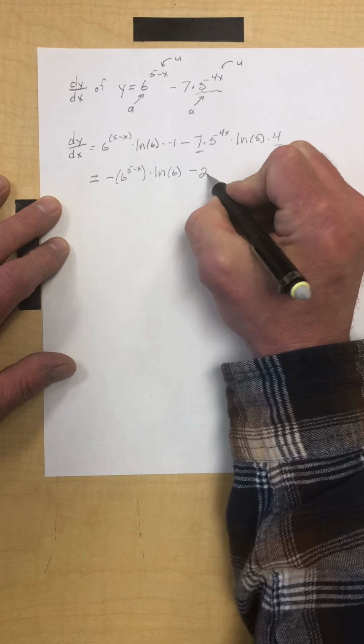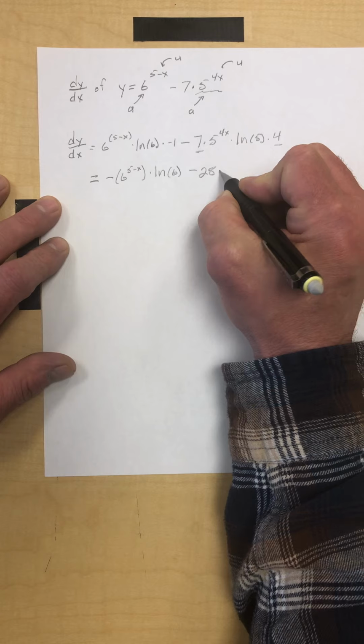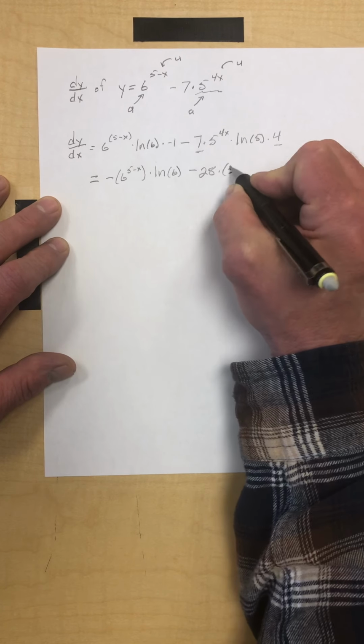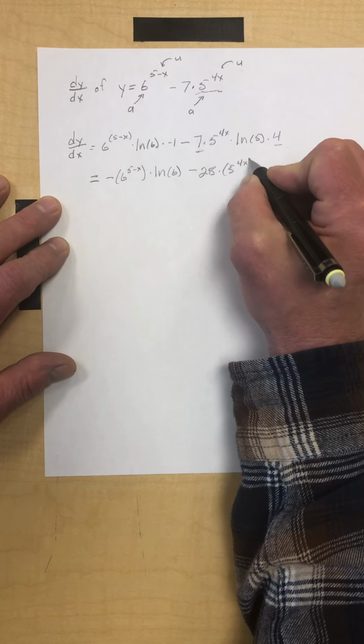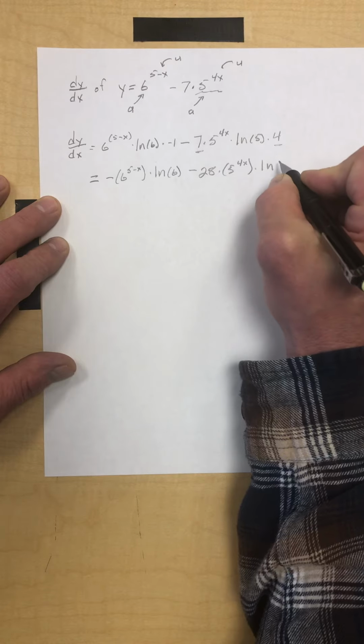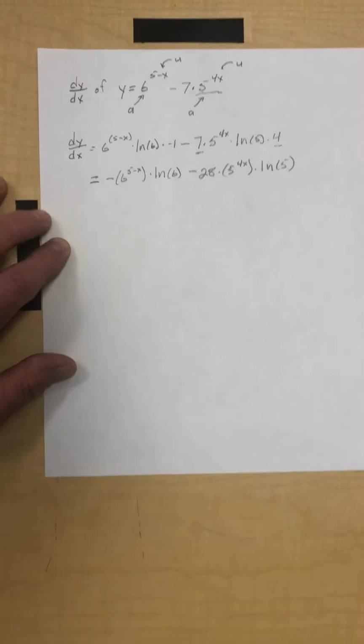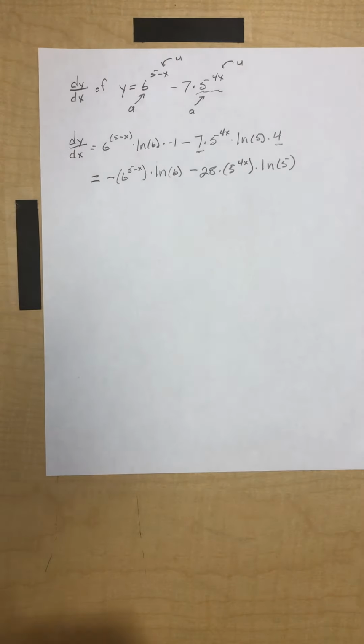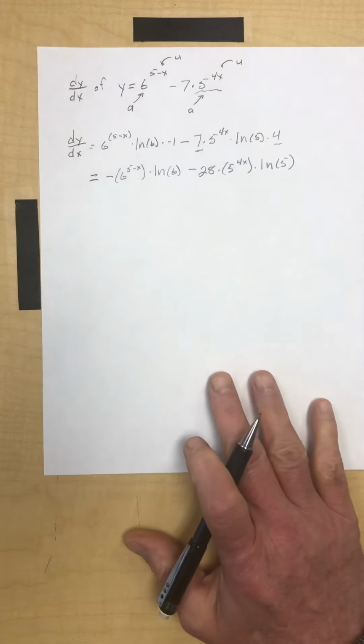That's going to give me 28 times 5 to the 4x power times the natural log of 5. And there's not a lot else we can do with that guy, so that would be it. Okay, let's see the next one.